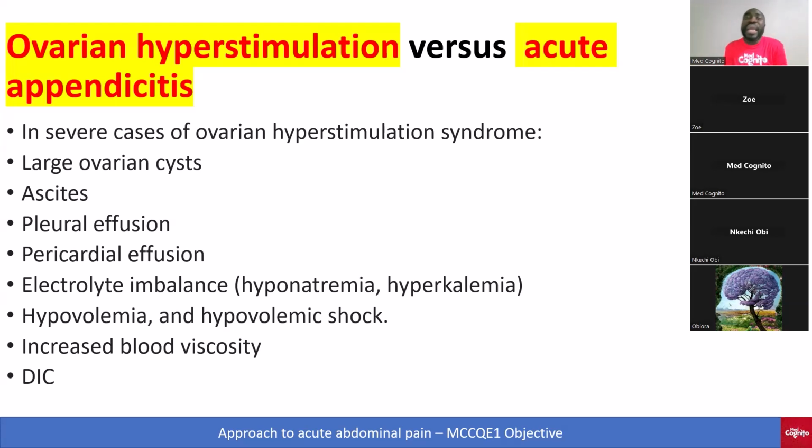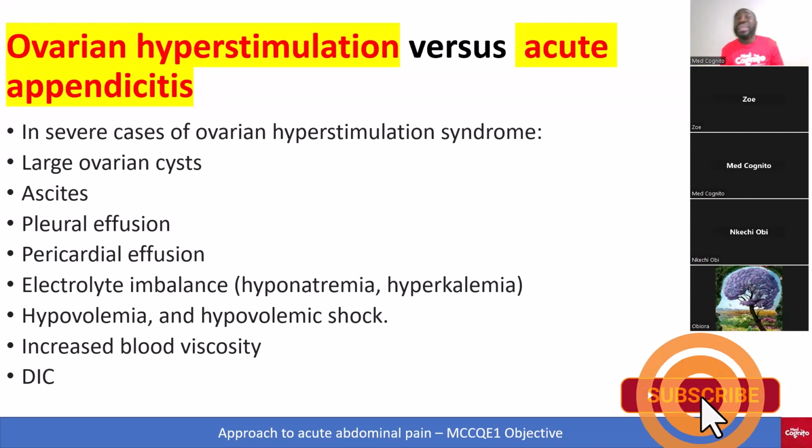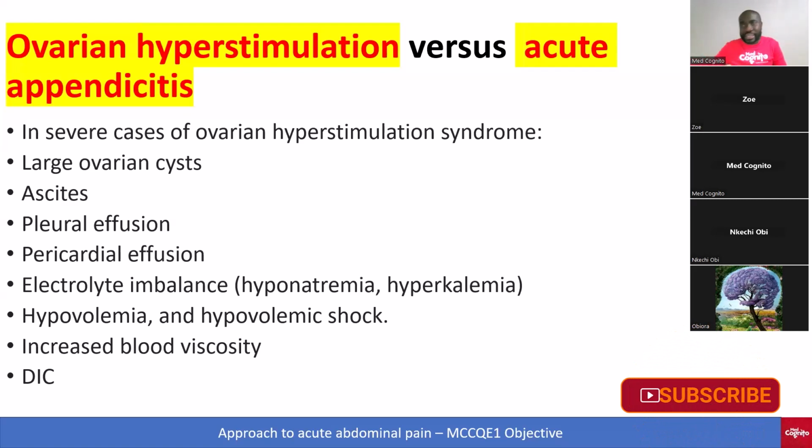The patient may be in hypovolemia, and you realize that the patient's blood has become thick, and the patient can even develop disseminated intravascular coagulation. Doctors, as soon as you see any of these clusters of symptoms, it is nothing but ovarian hyperstimulation. So you see, all these differentials we are learning, there's a way you can tear them apart.